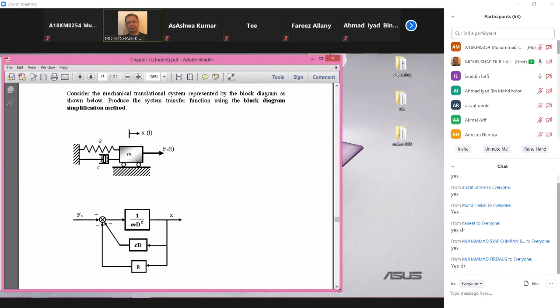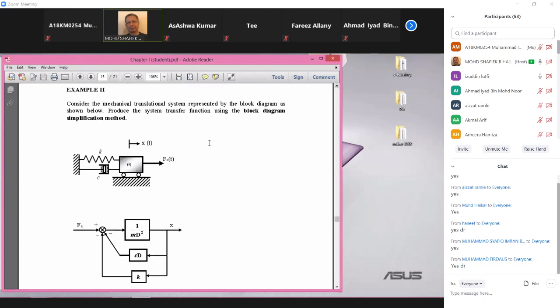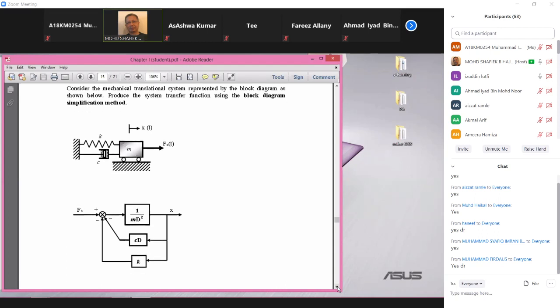Let's take a look at Example 2. Consider this translational mechanical system. Of course, when we develop the block diagram, we get something like this. And then we want to simplify this block diagram into a single block using all the block diagram algebra.